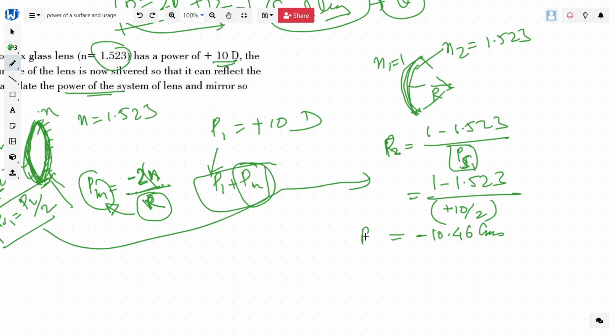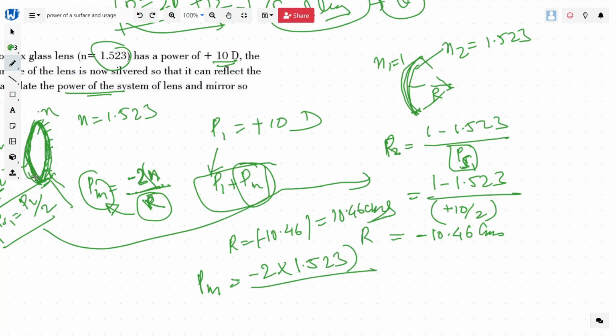We now know the radius, right? So the modulus of radius is 6. Okay, centimeters. And now we can calculate the power for the mirror. Power for the mirror is going to be minus 2 into n is 1.523, and divided by, on this side it is negative sign, right?